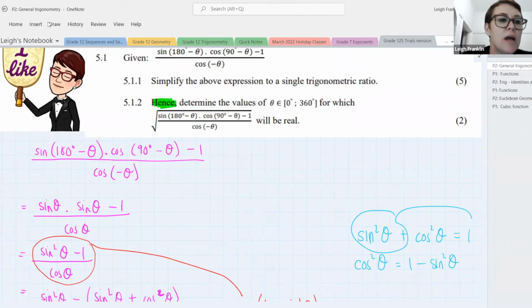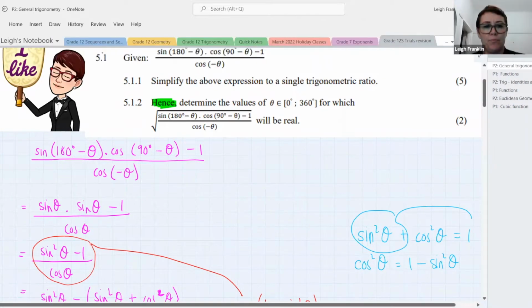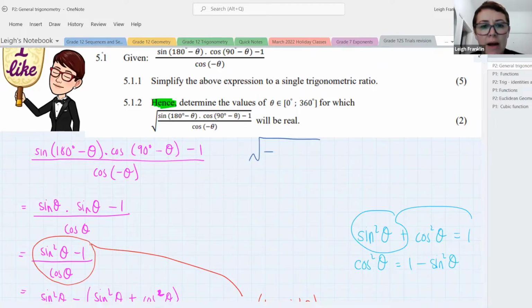Now in order for something to be real inside a square root, what is the restriction? Because remember, we've worked out what that is. So now minus cos theta. Remember, now we want this to be real.